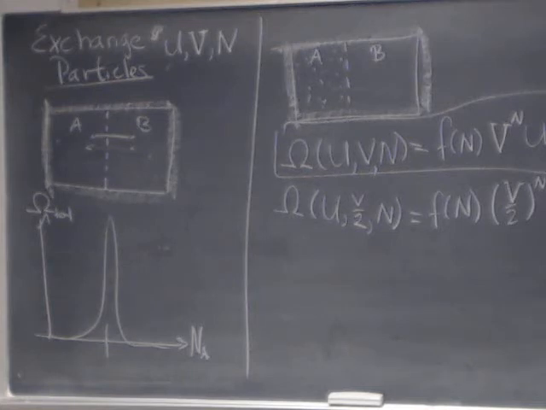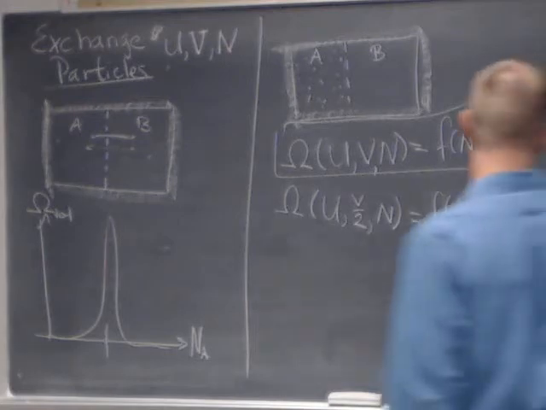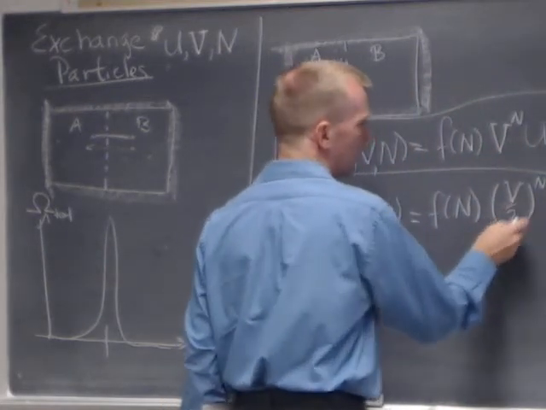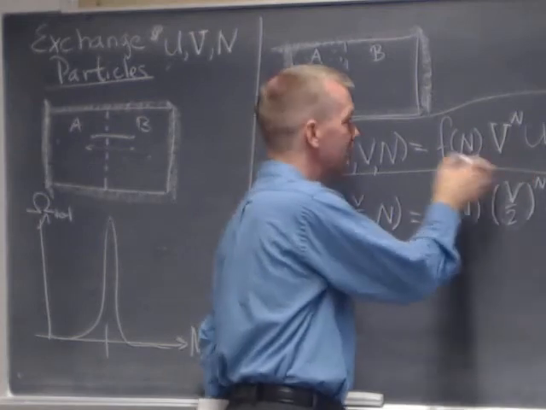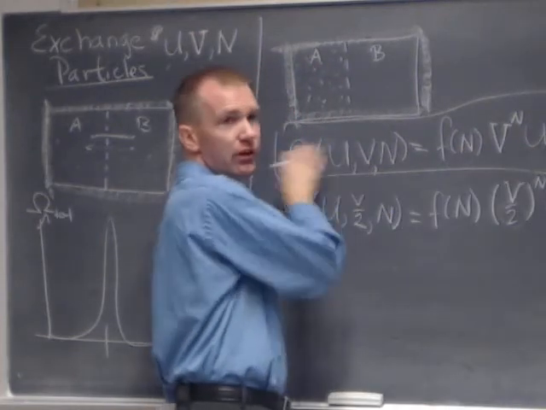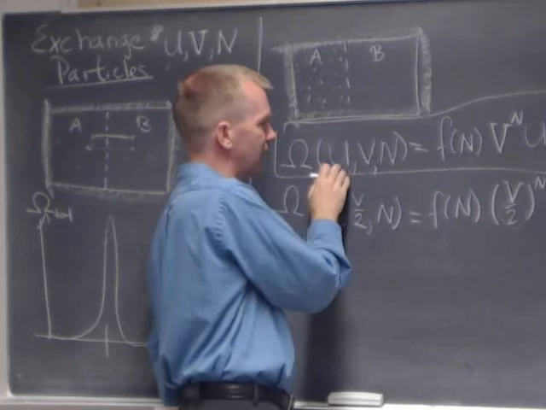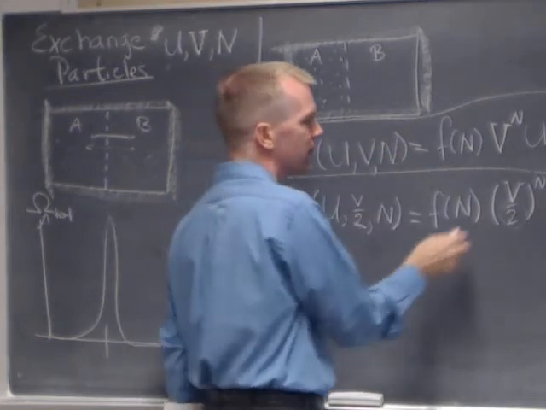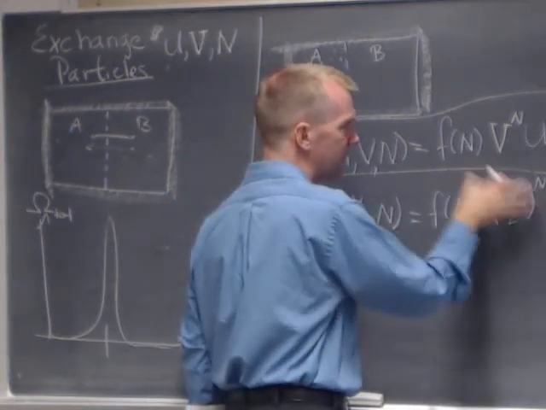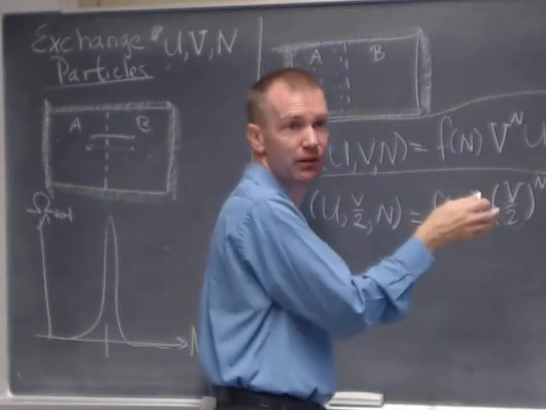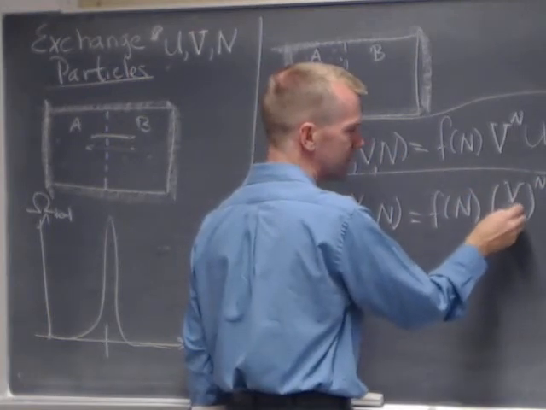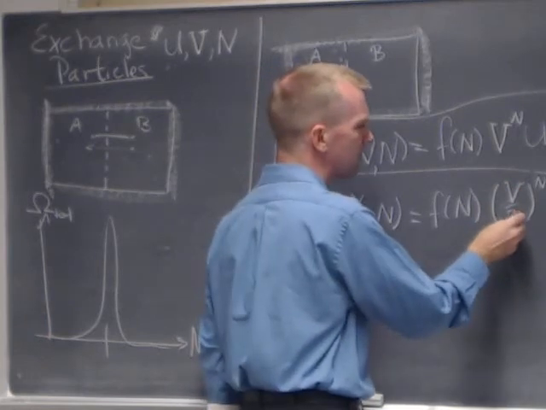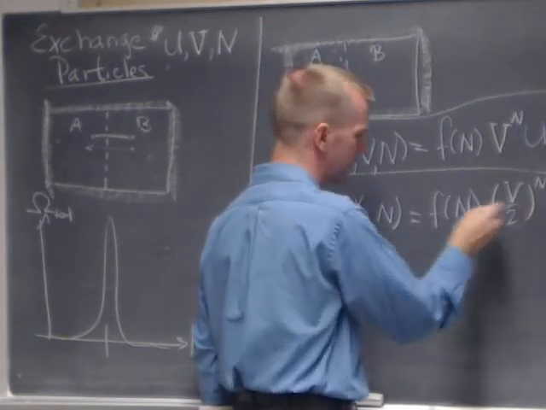What I want to do is recreate this up here. I know what this is. This is the multiplicity of the system occupying U, V, and N. So what can I do to make this back into this form times something, is what I'm hoping for. Well, I can factor this out here. I can take, factoring it out, I guess, 2 to the minus Nth power.